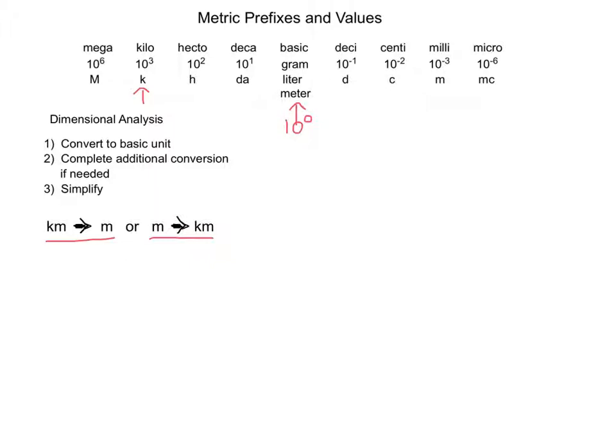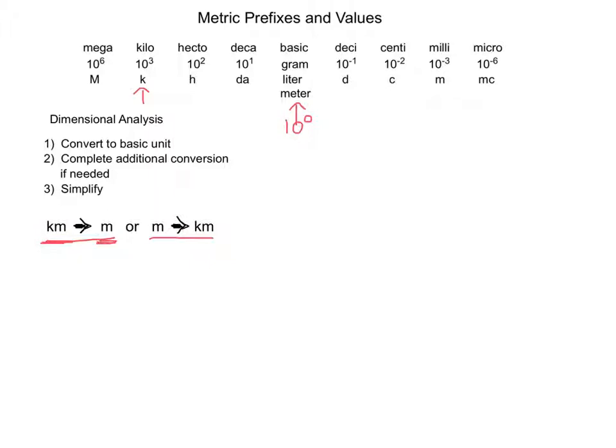And so anytime we're looking at a small quantity, let's say we have a bunch of micrograms, for example, we're going to need a lot of micrograms to make up a single gram, or we're going to need a lot of grams to make up a megagram. You're always going to need more units that are on the right side to make up something that's on the left. And so that's the idea I'm going to use here to look at my conversion factor between my kilometers and my meters.